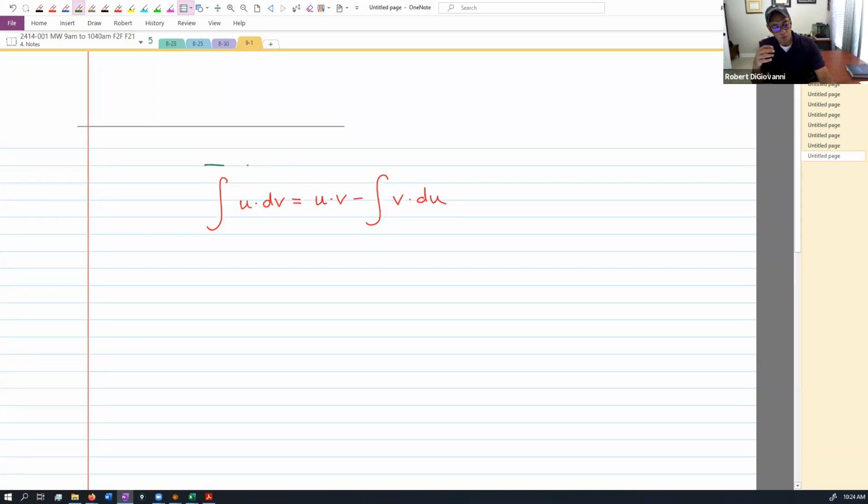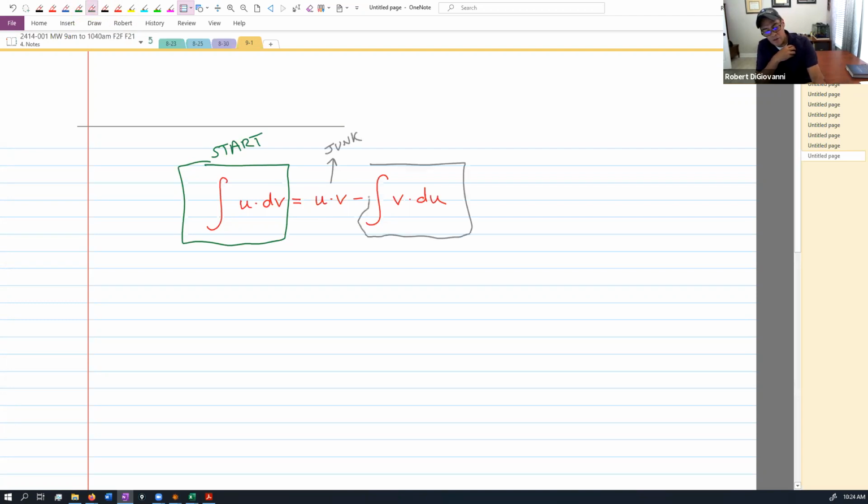You're going to start with an integral that's presented to you. You look at it and go, I have no idea how to do that. This formula allows you to create, well, first of all, there will be some junk out front. But the important thing is that it allows you to create a new integral.